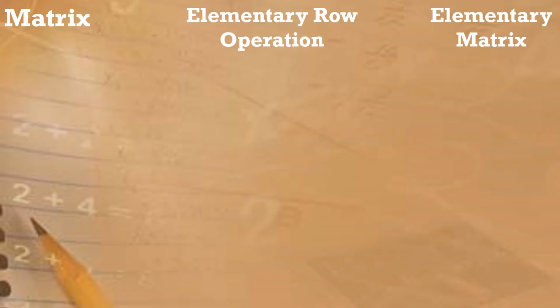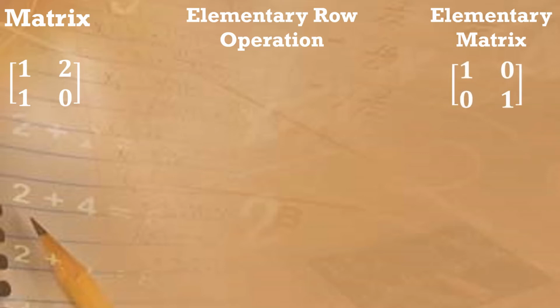Let's start. Under the matrix, we have the given matrix [1, 2; 1, 0]. And under the elementary matrix, we have the identity matrix. So let us now perform the first elementary row operation: row 2 plus negative 1 multiplied by row 1 to form the new row 2.